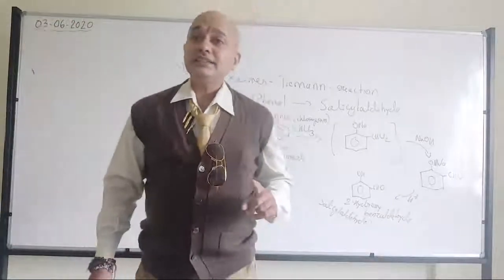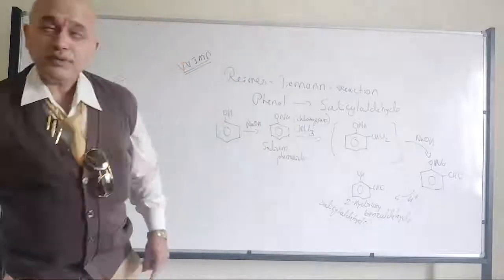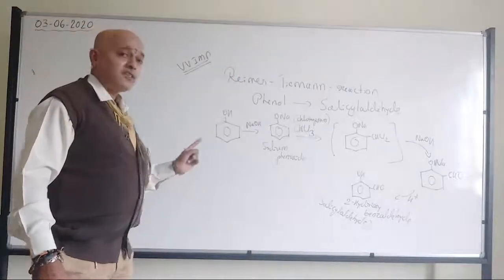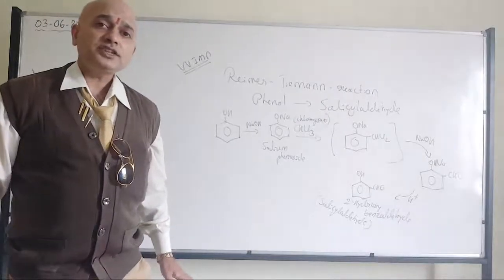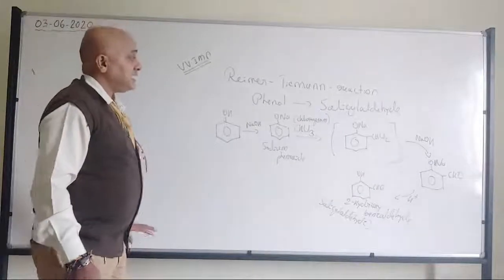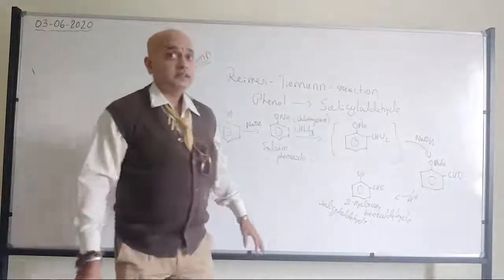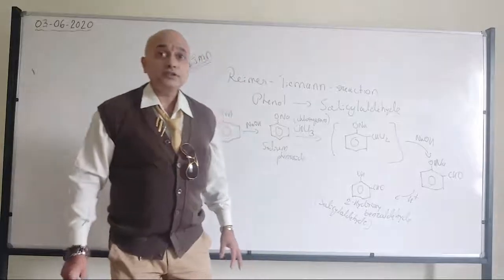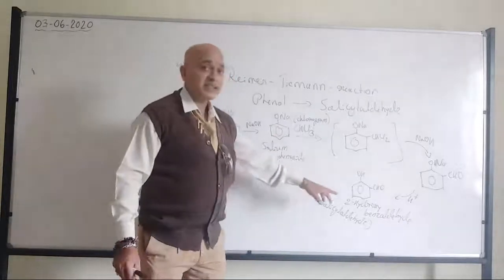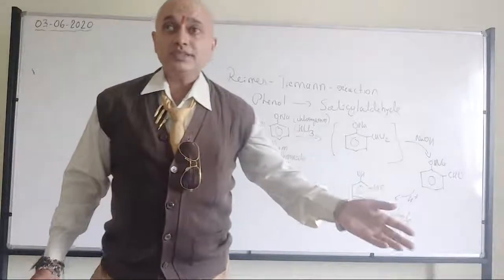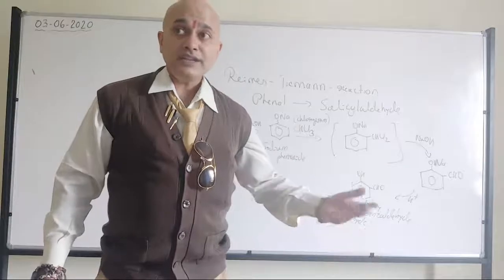In the Kolbe reaction it is phenol to salicylic acid. Reimer-Tiemann is the reaction for conversion of phenol to salicylaldehyde. Fine, all of you have understood? Don't tell me how to convert phenol to salicylic acid by treating salicylaldehyde with an oxidizing agent to get COOH.